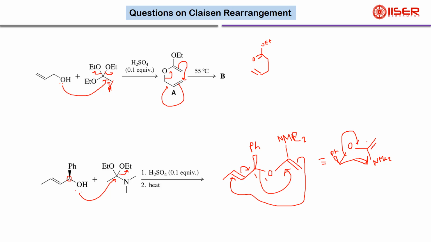Now if you just move the arrows, it goes here, this attacks this carbon center, and this double bond moves, so the product will be like this. Now as phenyl is above the plane, we draw it in a similar way. See, it's so easy if you draw via this type of transition state. And this methyl group was like this, so here it will already be above the plane.